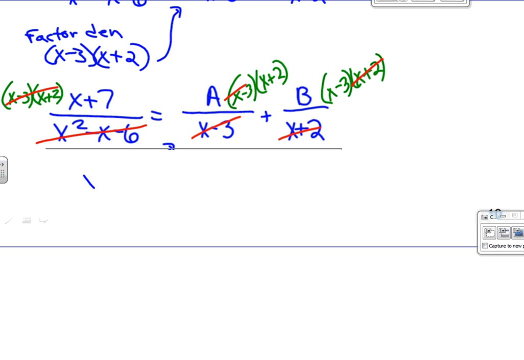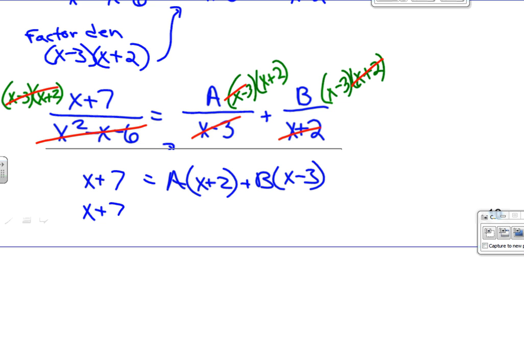I get x plus 7 on the left is equal to, and I'll write that without multiplying it, A times, in parentheses, x plus 2, plus B times, in parentheses, x minus 3. And now I just go through and clean that up just a little more.